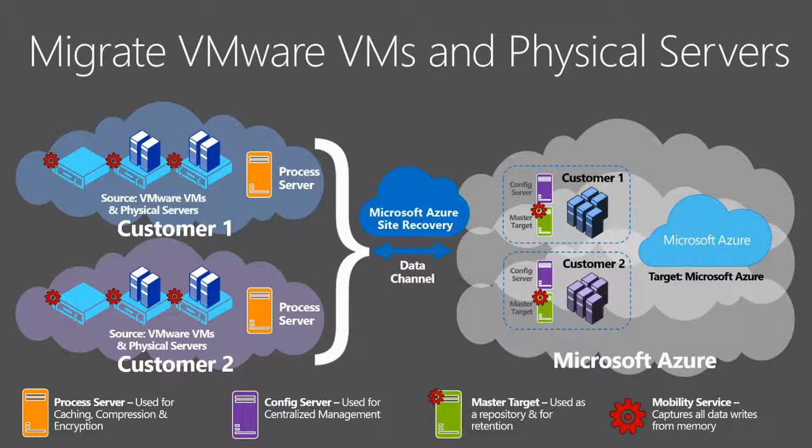These are two key components of the conversion. And those workloads, if we look at customer one, have been converted from on-premises vSphere and physical servers utilizing what's called the process server that sits in the on-premises location. So you've got an Azure Site Recovery component or appliance that's pushed down. You configure that, you point it at your vCenter, and then you start replicating data.